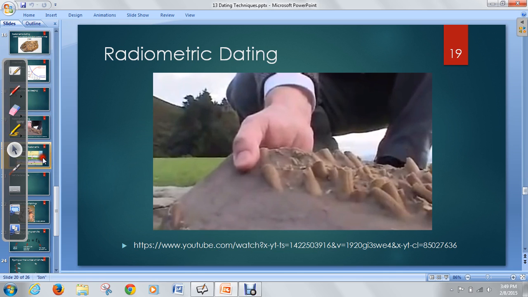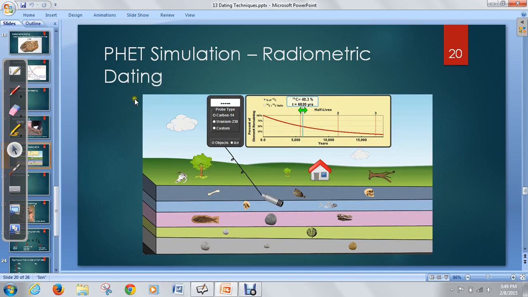We also used a PhET simulation, which you can look up on the PhET website. It shows how different minerals and materials, like carbon-14 or uranium-238, have different half-lives, and using those different materials, you can determine how old certain objects need to be.